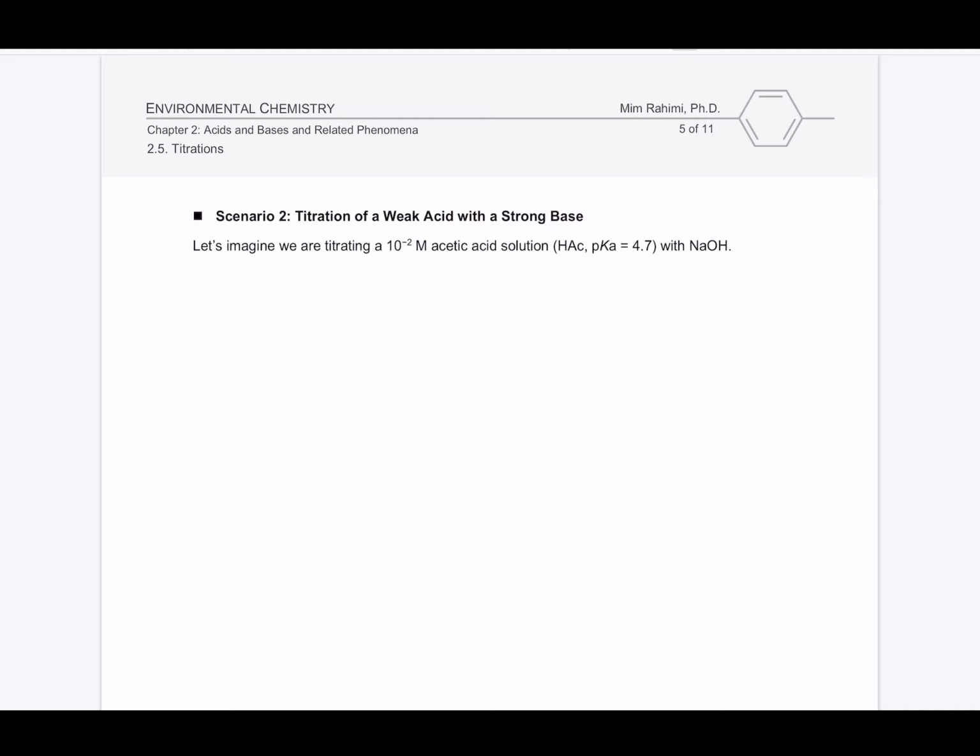So here we want to look at the titration of a weak acid, which is acetic acid, HAc, let's call it. The pKa is 4.7, and we're going to use sodium hydroxide as a titrant.